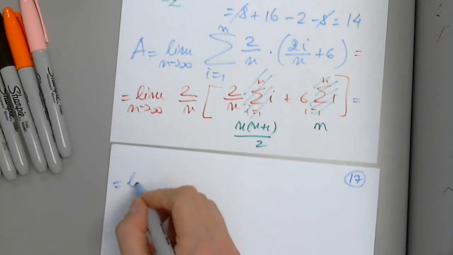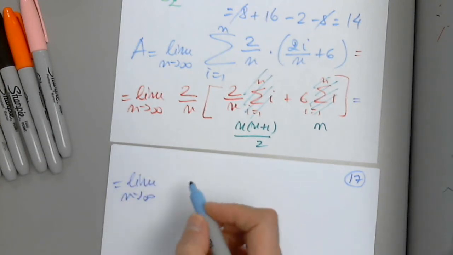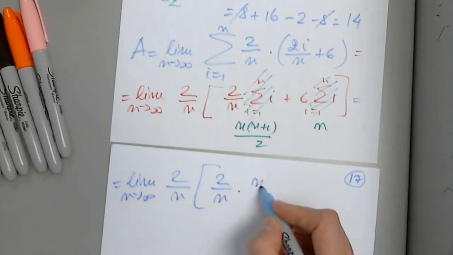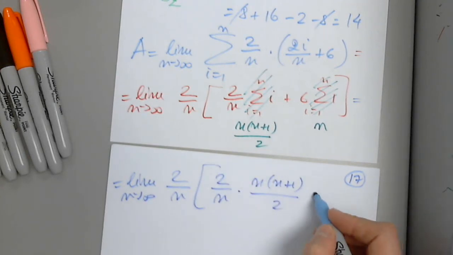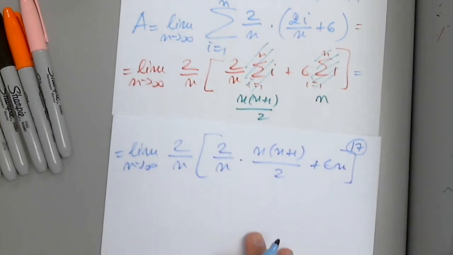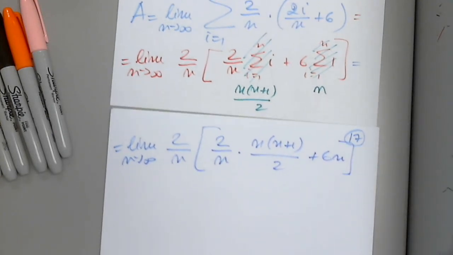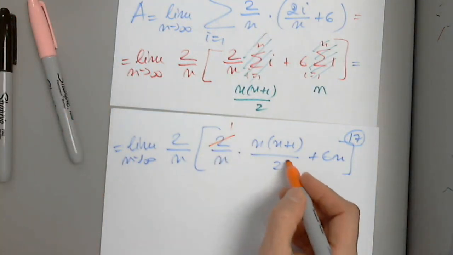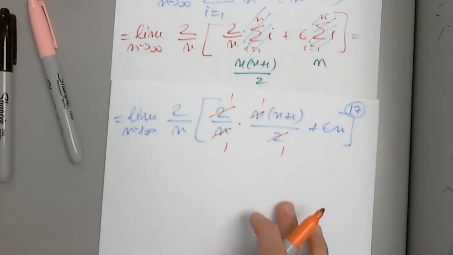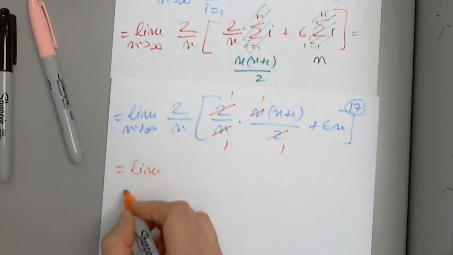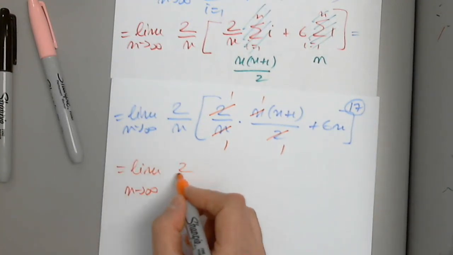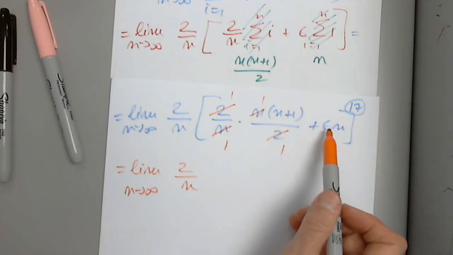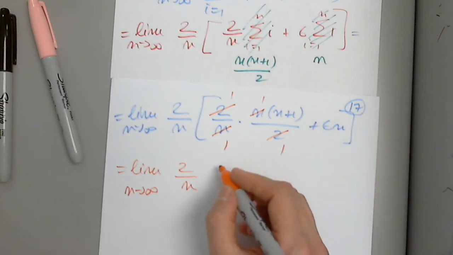So this equals the limit as n approaches infinity of 2 over n, and now in brackets, 2 over n, times n times n plus 1 over 2, plus 6n. Even the denominator disappears. How nice. 1 and 1, 1 and 1. So this is the limit of 2 over n, and then n plus 1 plus 6n. There's nothing else. So 7n plus 1.